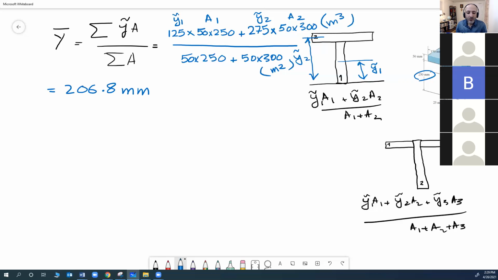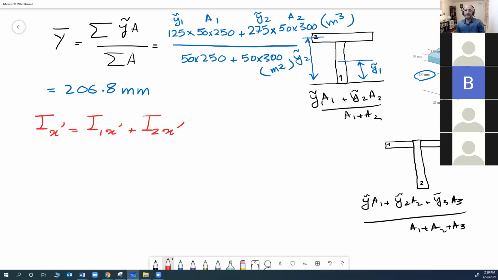All right, should we do the second question, asked about I about this new axis, I about the centroid? So it's I1 about this centroid plus I2 about this centroid.